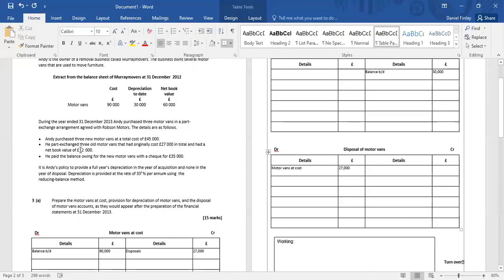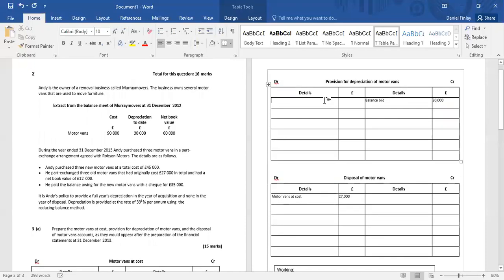And it had a net book value of 12,000, so that means it's depreciated by 15,000. So I need to get rid of 15,000 depreciation. So here I'm going to send 15,000 depreciation to disposals. And again, the reason I'm doing that is because I'm getting rid of a motor vehicle, so therefore some of the depreciation will disappear as well.